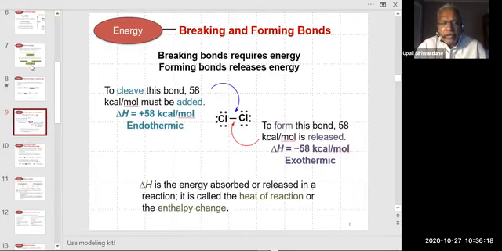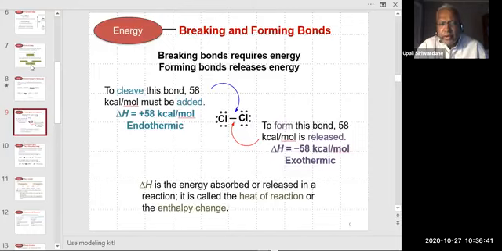So it requires energy to break bonds. Making a bond releases energy. To cleave a chlorine-chlorine bond, 58 kilojoules per mole must be added. That is positive. Requires means endothermic.